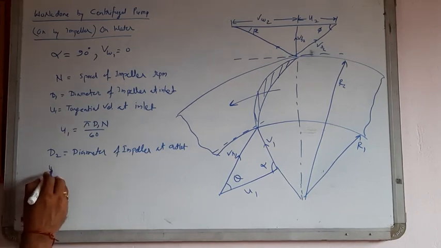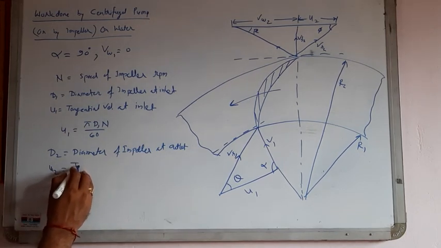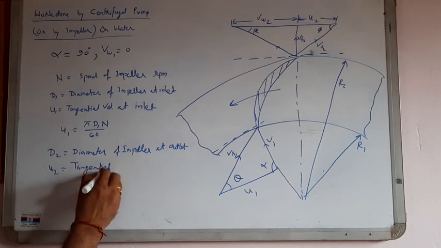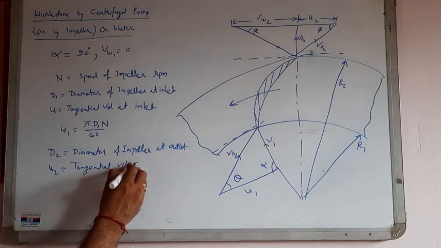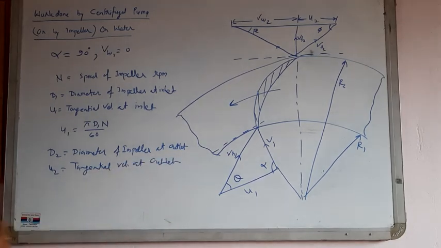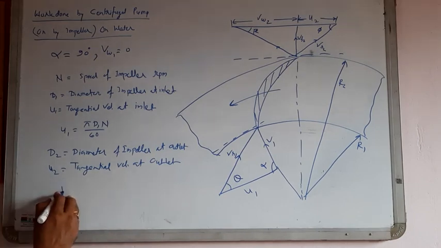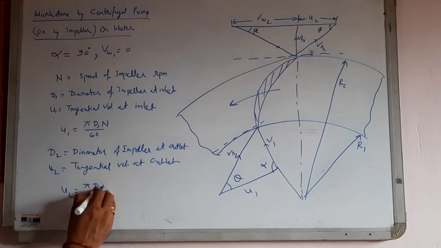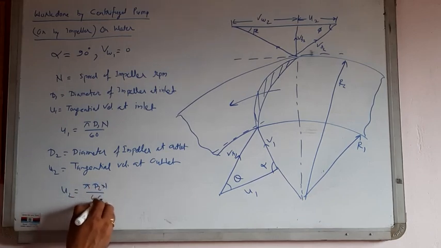U2 is tangential velocity at outlet. Here the value of U2 can be calculated as pi D2 N by 60.